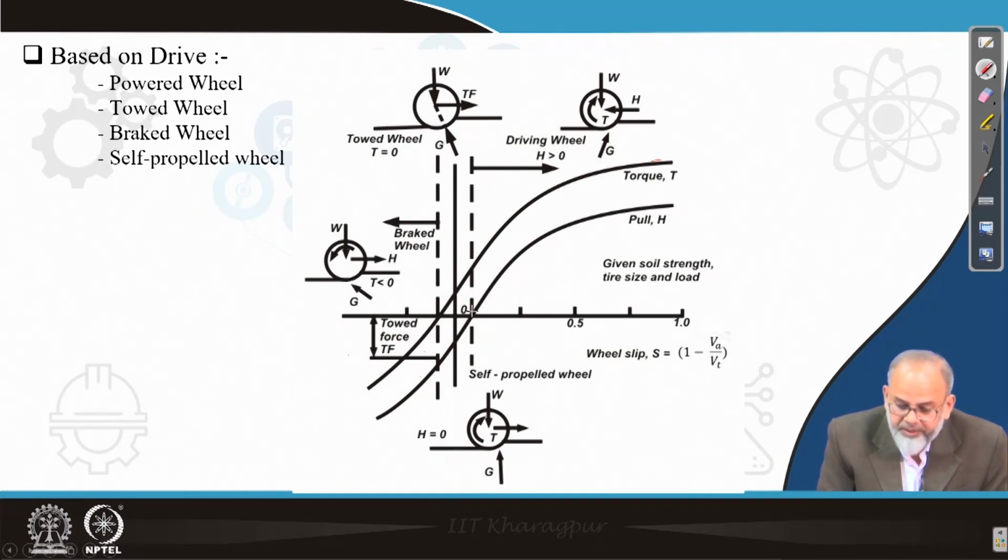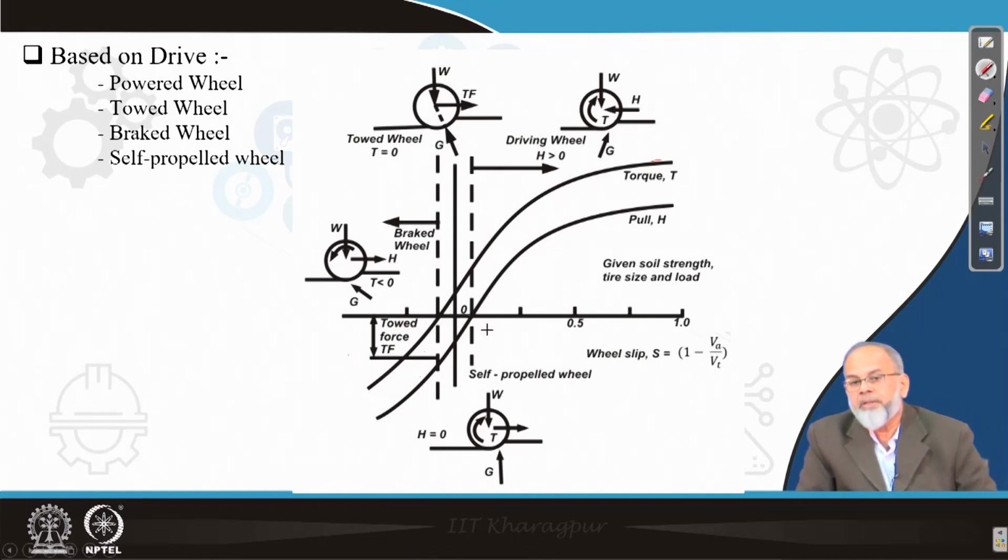Torque touches the x-axis at this point, where pull touches the x-axis at this point. Origin is this point. First we look at this point where the pull is 0, but still some torque is acting, and that condition is called the self-propelled condition.